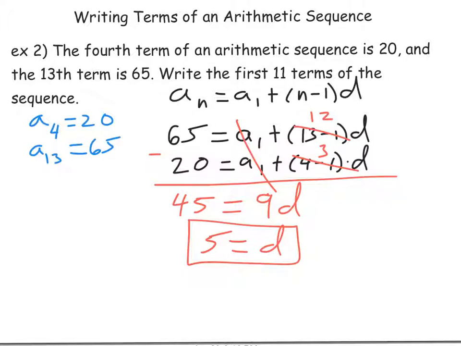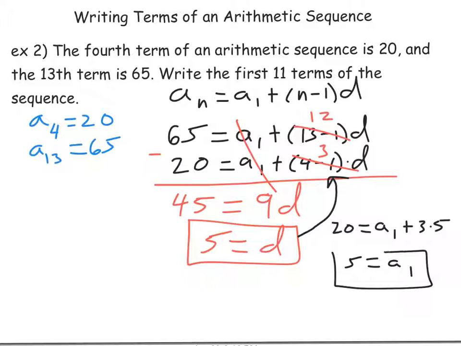Now from there, you could probably figure out pretty quickly what the first term is by working backwards from the 4th. I want to show you here what you would do if that was really tricky. I would go back up to this equation and then say 20 is the first term plus 3 times 5. Subtract 15 from both sides, and the first term is 5.